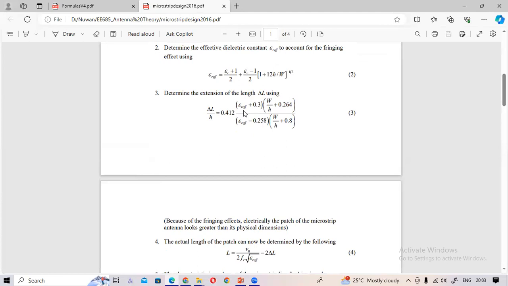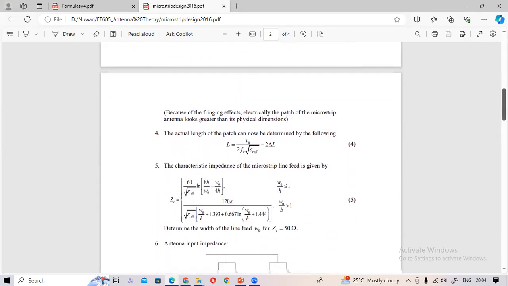Due to that, the length is somewhat higher than the actual value, so you have to calculate that effect. You can use this equation: W you have found, H you are given, and epsilon r and epsilon effective you can calculate. Using this you can calculate delta L, the additional length due to the fringing effect.